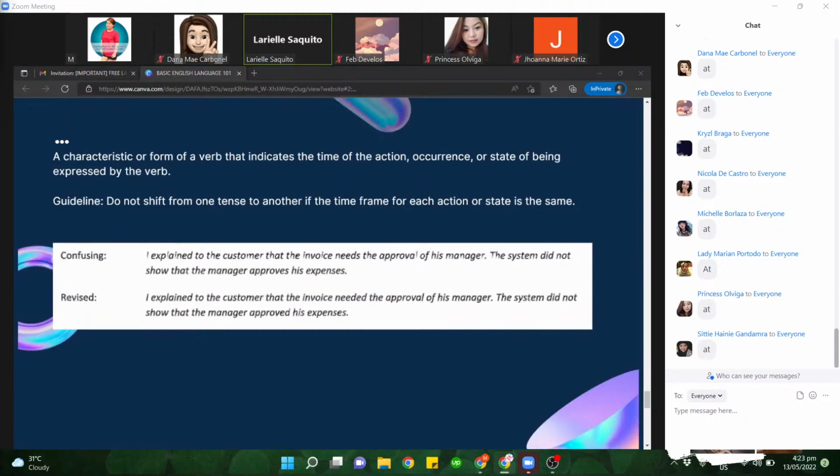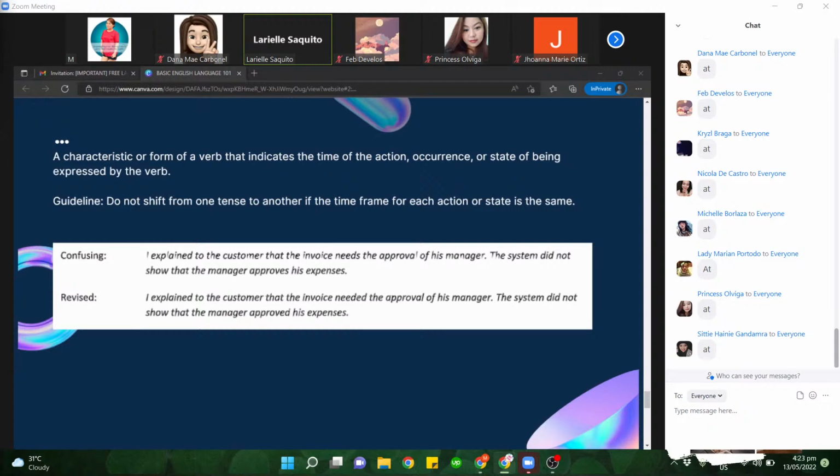So we cannot combine past tense and present tense together if they're within the same time frame.